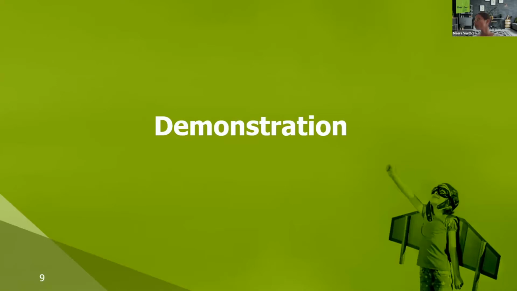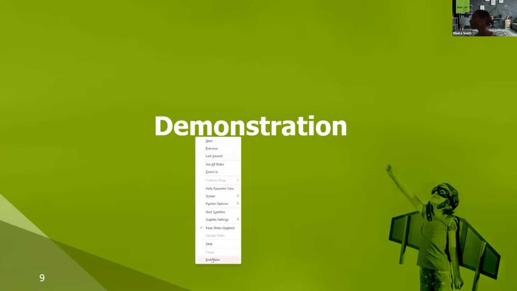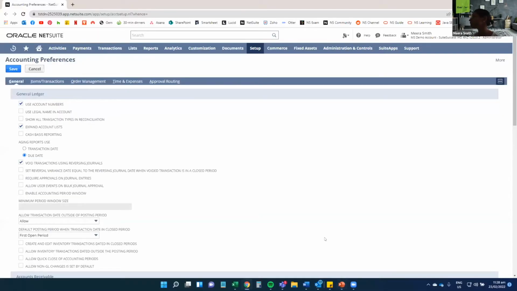All right, now we will move on to our demonstration. Meera, before we jump in, I've got another question. This is from Sarah Jane, who asks, can it find a sales order number as a reference to the corresponding invoice number? No, unfortunately it can't. It can only apply against invoices.